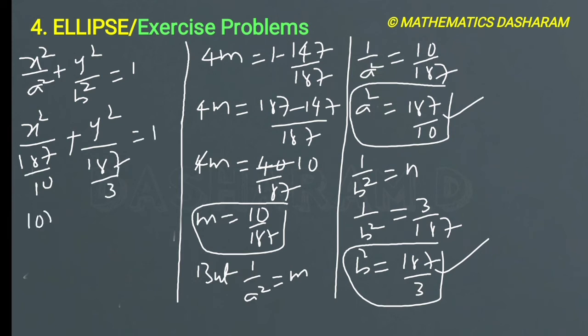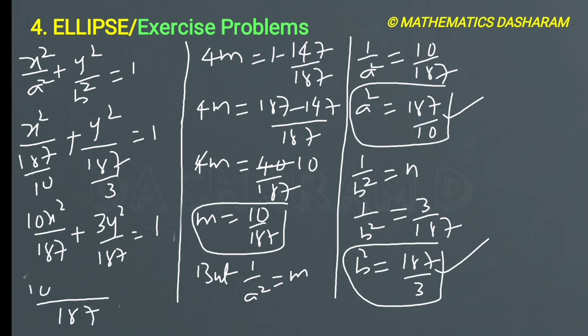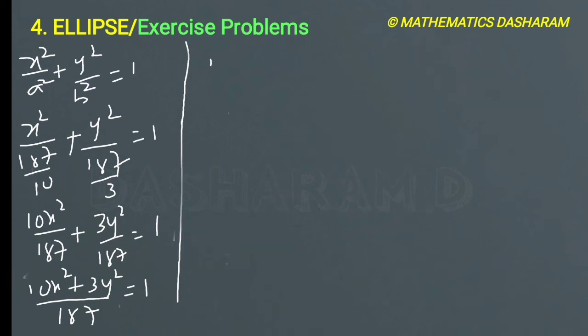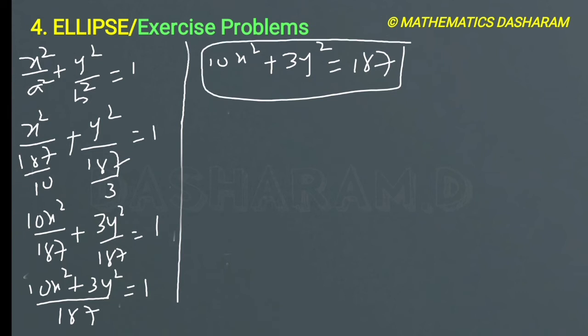So here 10x square divided by 187 plus 3y square divided by 187 equals to 1. Next take the LCM. 187 is LCM. 10x square plus 3y square equals to 187 is our required equation of an ellipse.